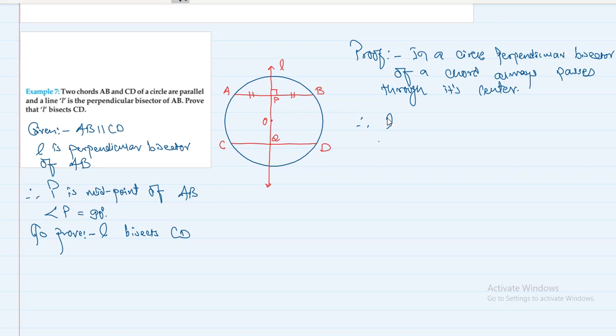Therefore, L passes through center O. Line L passes through the center O. That was very easy to prove.